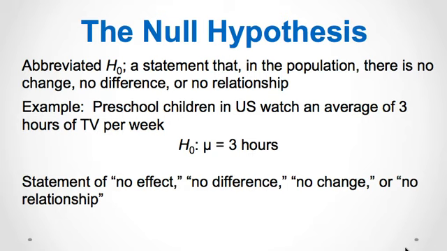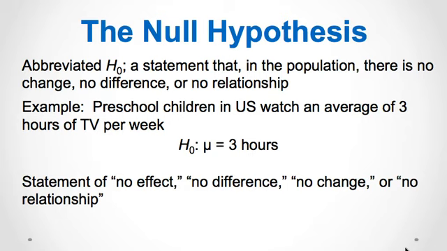The null hypothesis always contains a statement of equality. It is a statement that the population parameter takes a particular value. The null hypothesis is always assumed to be true until evidence indicates otherwise.